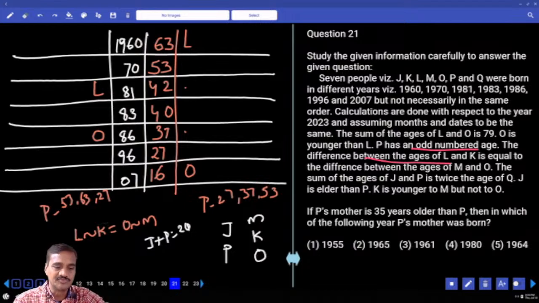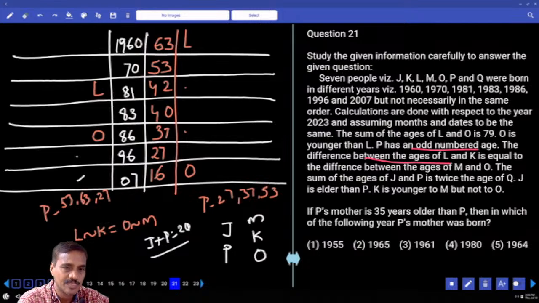With the help of this information, let's start. J plus P is twice that of Q. Let's start with Q's value. Can we take Q at this place, 16? If Q is 16, J and P must be 32. 32 is not possible, Q cannot be here. If Q is 27, J plus P must be 54. The sum of two numbers must be 54.